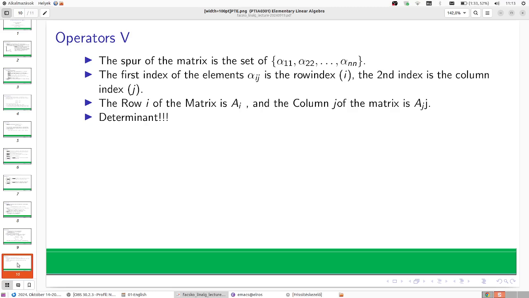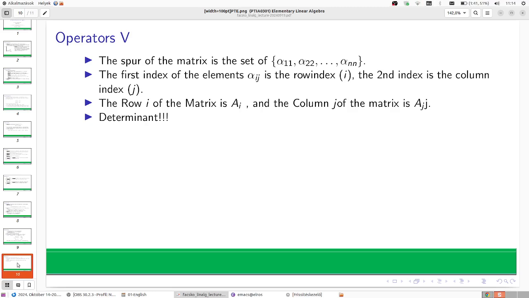I have in A matrix an A operator. I also have a B. And I can have operations with them.